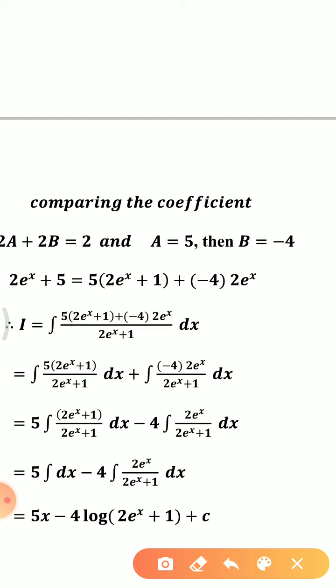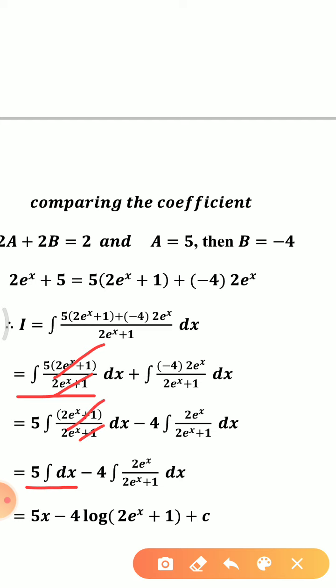Then separate the denominator with the integration, that is integration of 5 into 2 e raised to x plus 1 upon 2 e raised to x plus 1 dx plus minus 4 into 2 e raised to x upon 2 e raised to x plus 1. In here, 2 e raised to x plus 1 and 2 e raised to x plus 1 cancel, remaining the integration of 5 dx, that is this term.